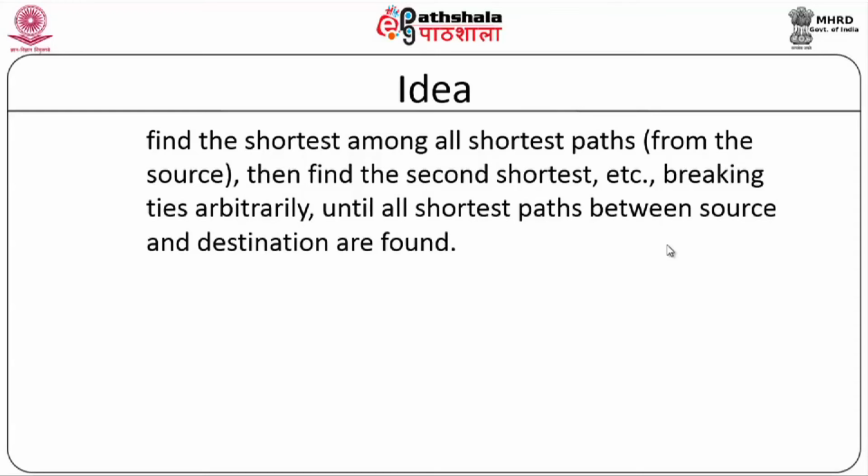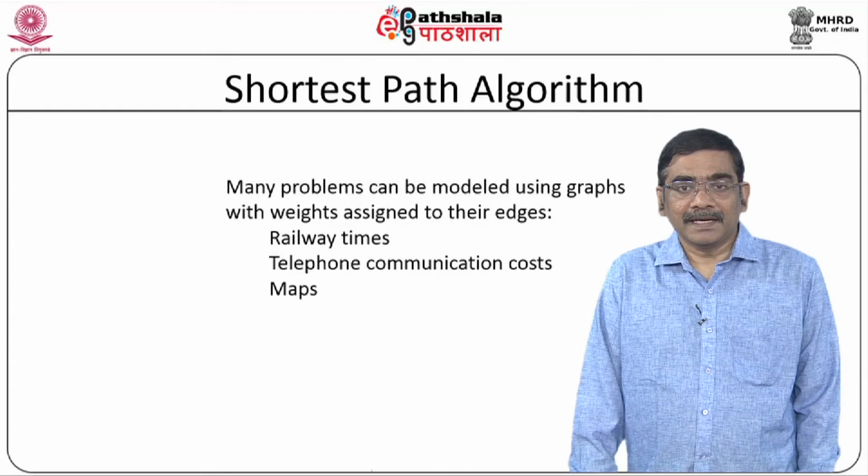Let us say if there is a tie, then you arbitrarily try to resolve the tie, then repeat this for finding the third shortest path and repeat the process until all the shortest paths between the source and destination are found. This is the idea behind Dijkstra's shortest path algorithm, which is also called the single source shortest path algorithm.